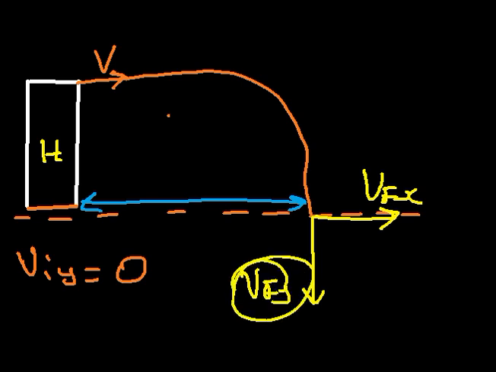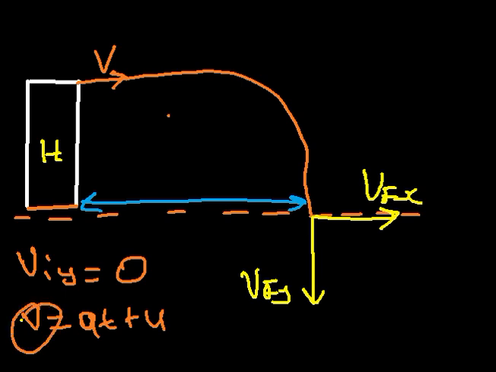Just like we discussed in the ground-to-ground case of projectile motion, the final velocity along the y-axis will be calculated using the acceleration formula: v = at + u, where v is the final velocity, a is the acceleration, t is the time taken, and u is the initial velocity.